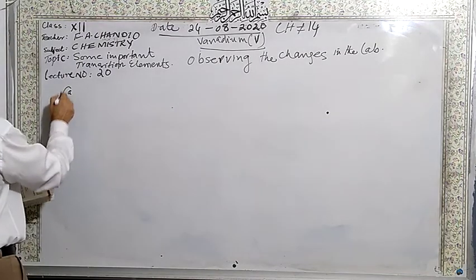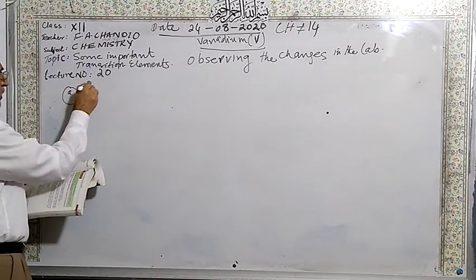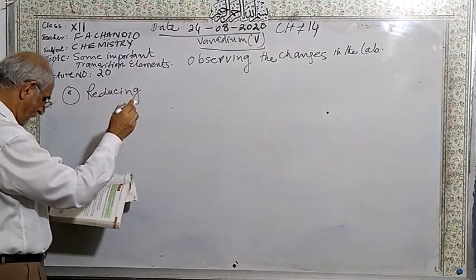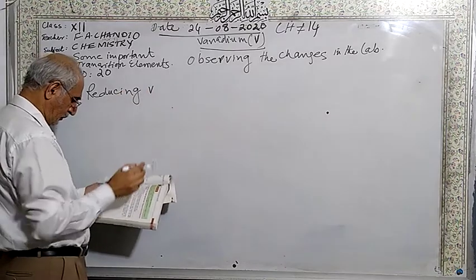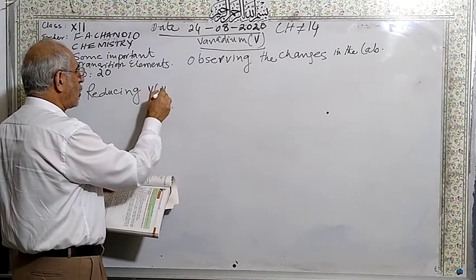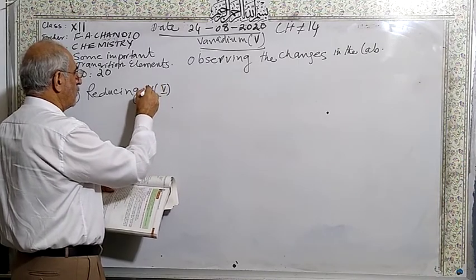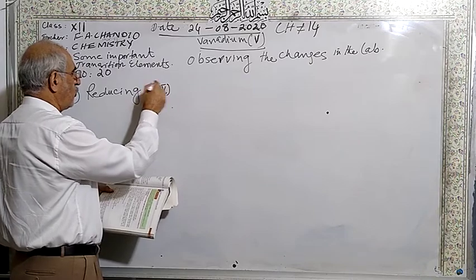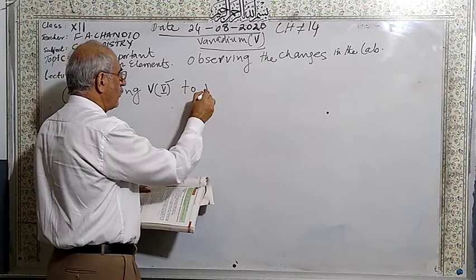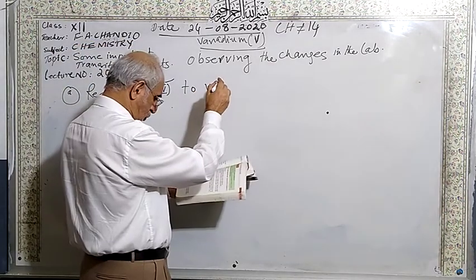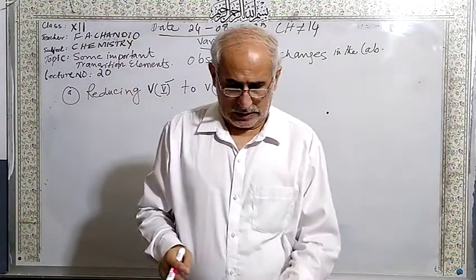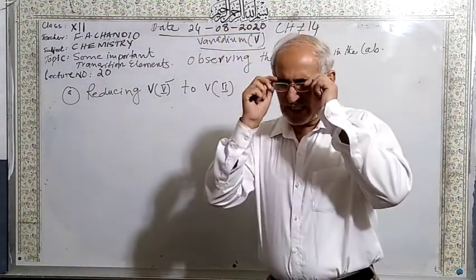So A is reducing vanadium 5 oxidation state, vanadium 5 oxidation state to vanadium 2 oxidation state. Decrease in oxidation number is called reduction.